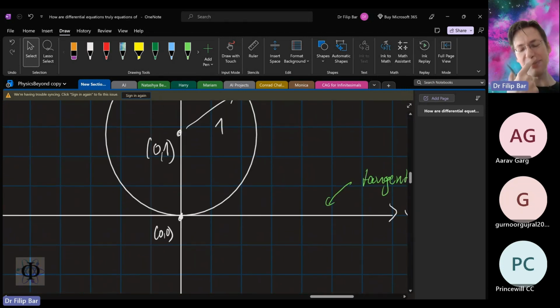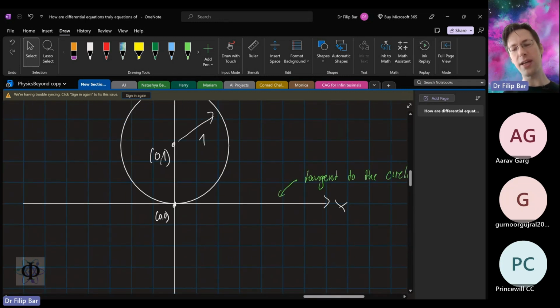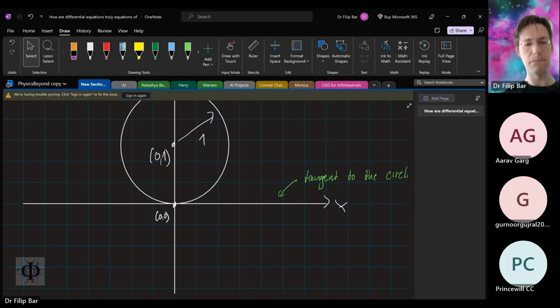So how do infinitesimals come into play, or how could they come into play when I'm looking at the tangent line and the circle? Any ideas?